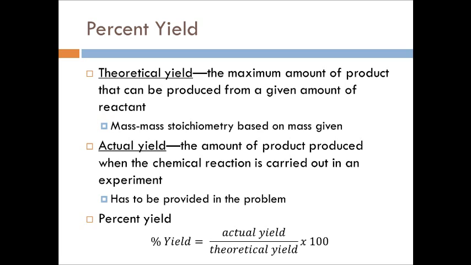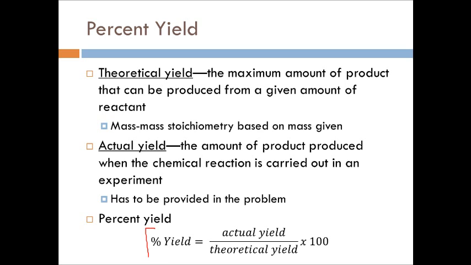Actual is what you do end up with. It's what's given. If you run the experiment in a lab, you get a measurement. The only calculation that may come from an actual yield is if they give you the before mass and the after mass, you have to subtract the difference. But again, it has to be real data. It can't be a number that you start with or something that you can calculate.